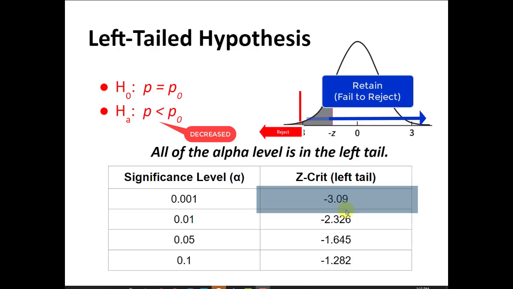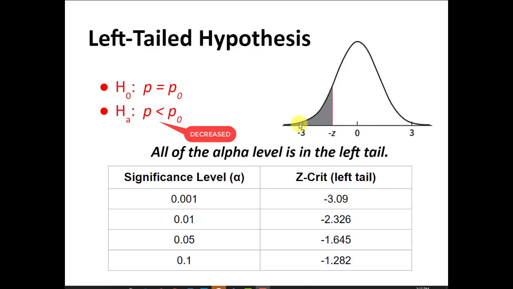This is just looking at something that is much, much less than the expected null. So our negative 3.09 is going to be way over here. There is such a tiny, tiny piece of the shaded area, the alpha, where you would have to reach in order to reject.